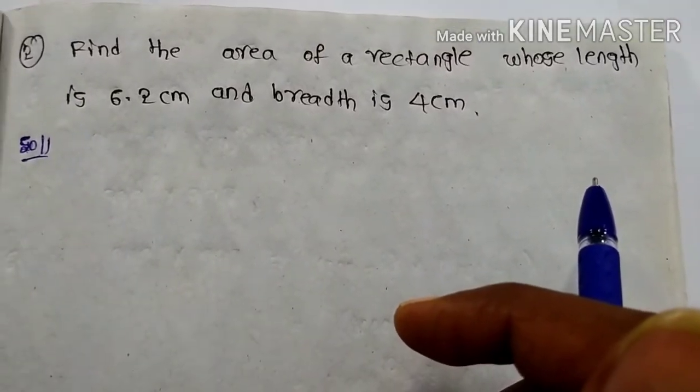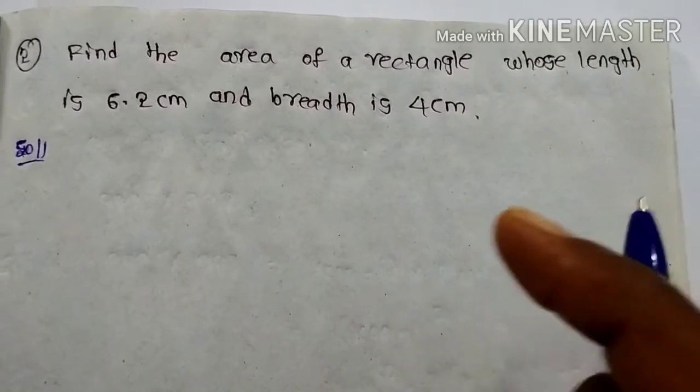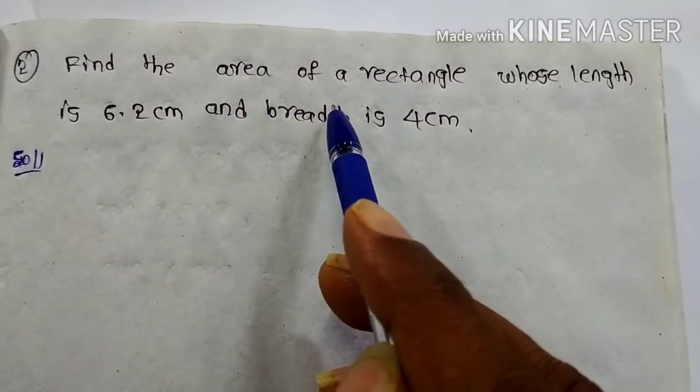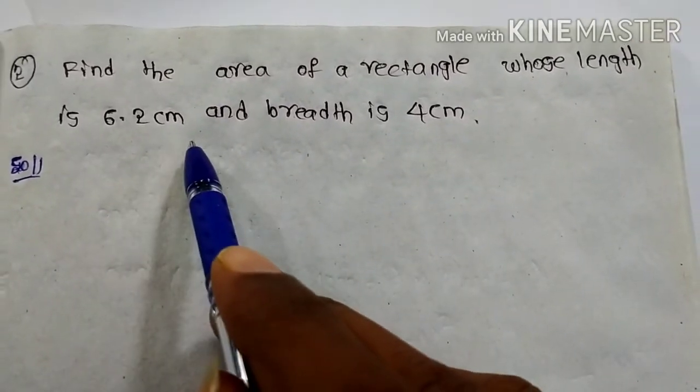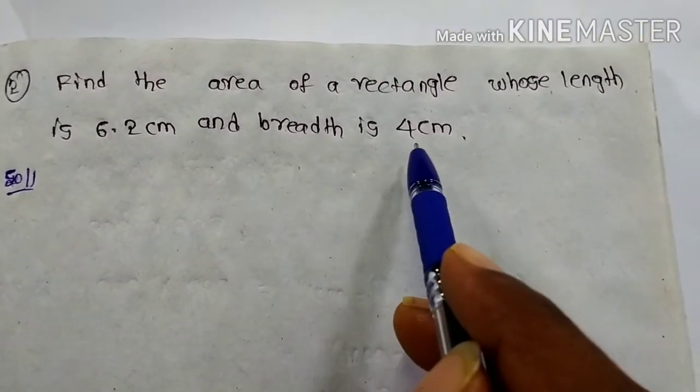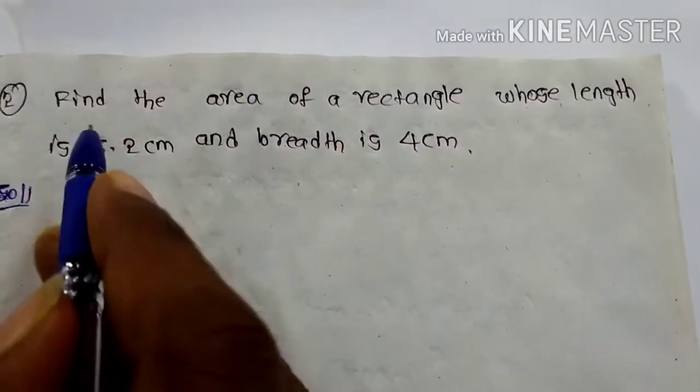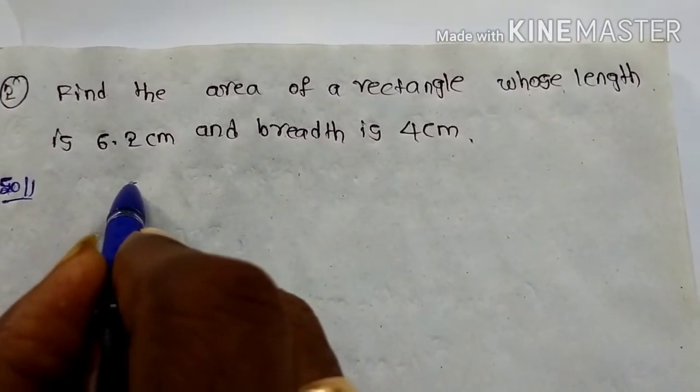Now you can see here exercise 6 question number 2. Find the area of a rectangle whose length is 6.2 centimeters and breadth is 4 centimeters. First of all, you can write the given details.